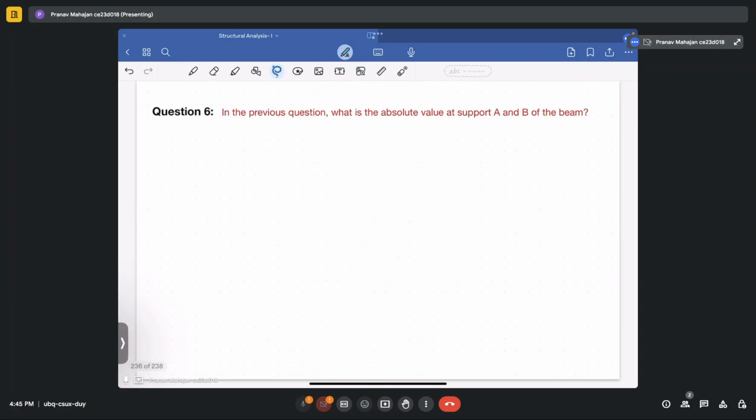Now, in the next question, you are required to calculate the absolute value of moment at supports A and B. So how will you do that?